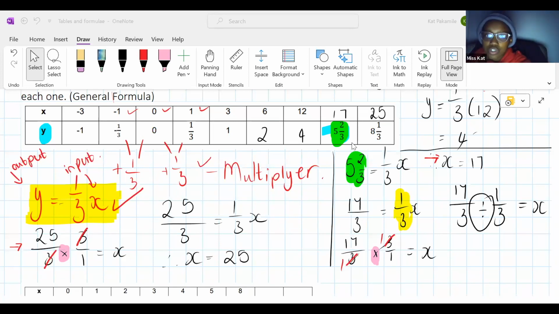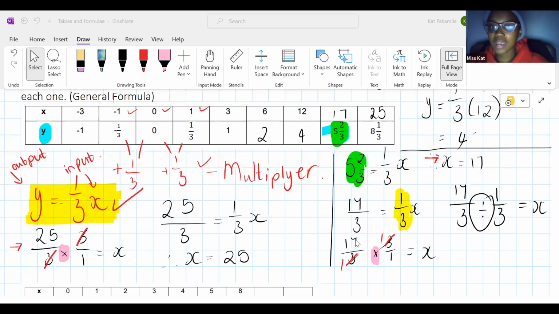Output, ma'am. So you can't substitute it in X because X is your input. That's why we're looking for the input. We're working backwards.